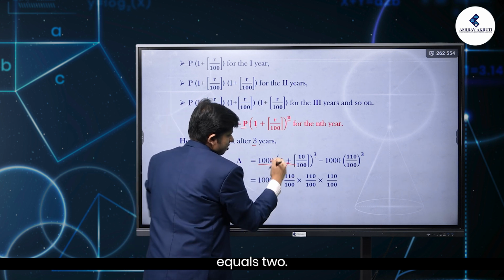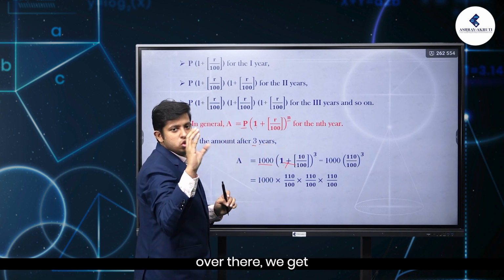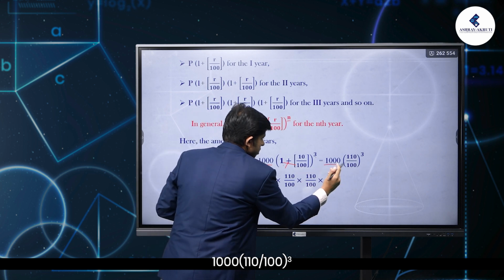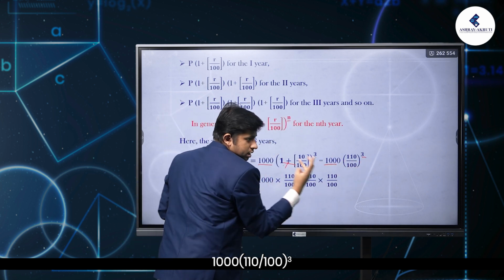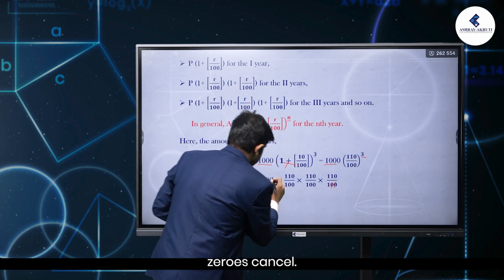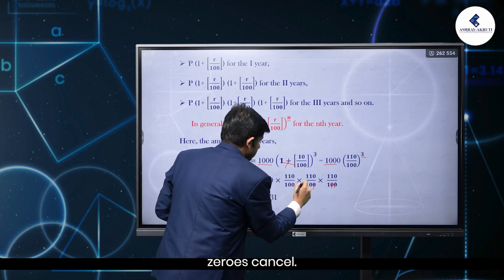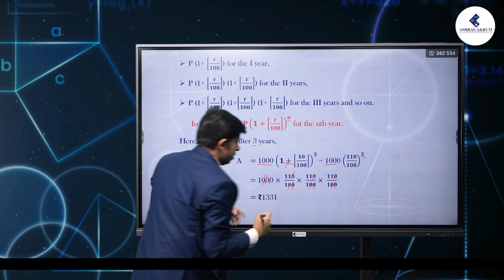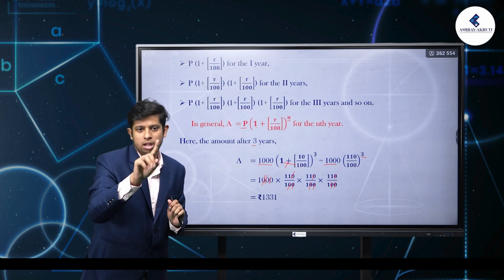We take the LCM over there, we get 1000 of 110 by 100 whole cube. 110 by 100 written 3 times, the zeros cancel, so we are left with 11 multiplied 3 times.